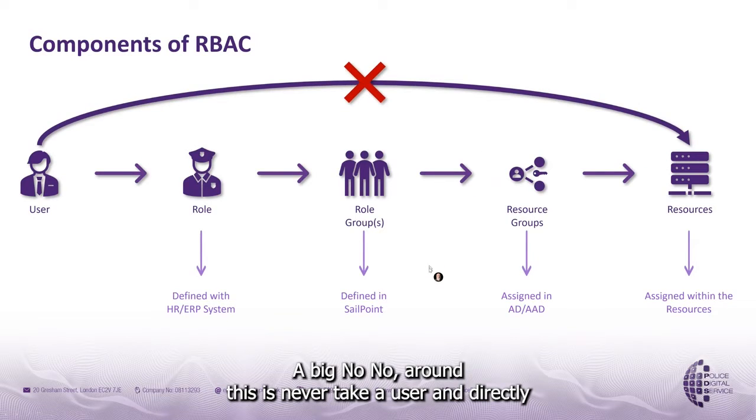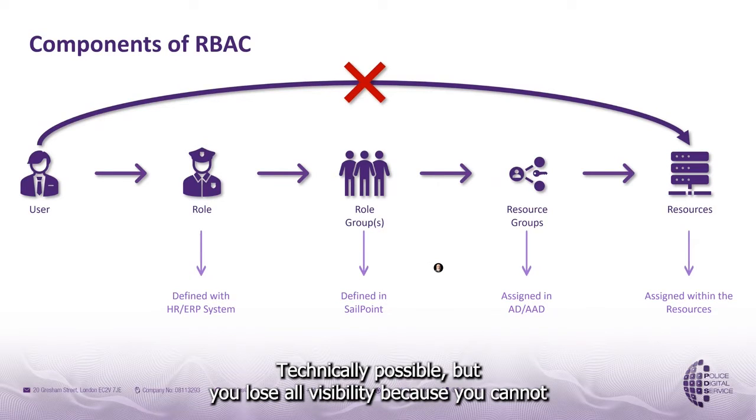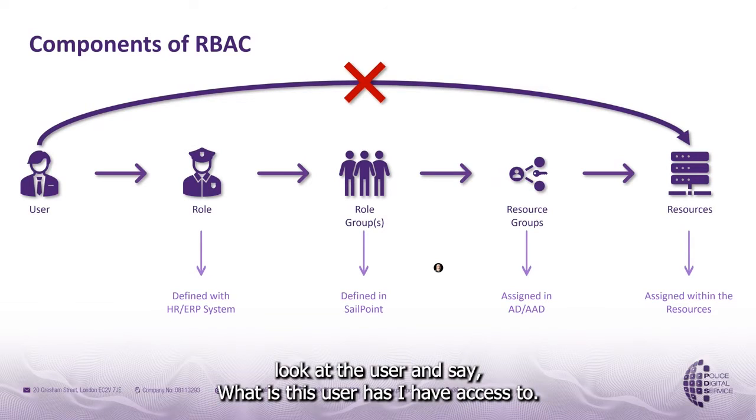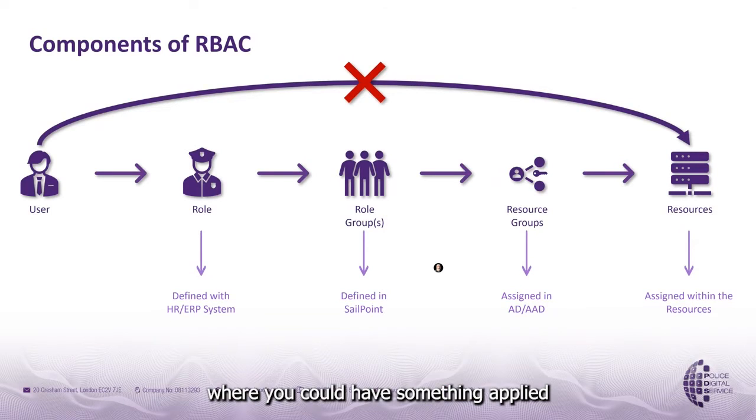A big no-no around this is never take a user and directly add them to a resource. Technically possible, but you lose all visibility, because you cannot look at the user and say, what does this user have access to? The only way you can define is to look at every single resource where you could have something applied.